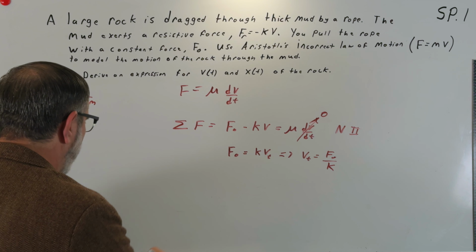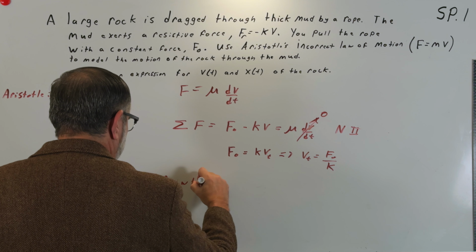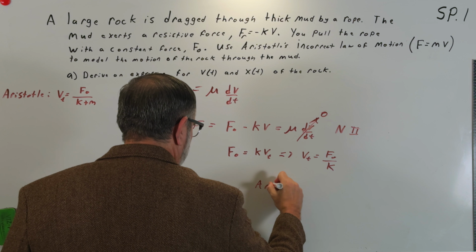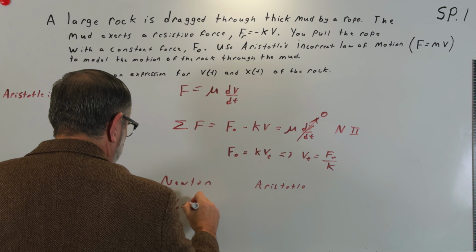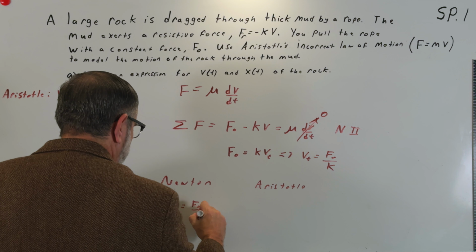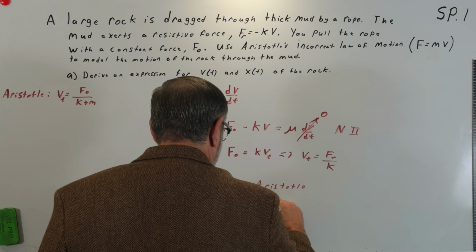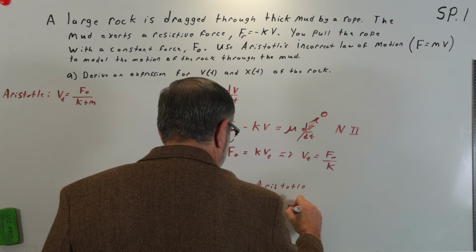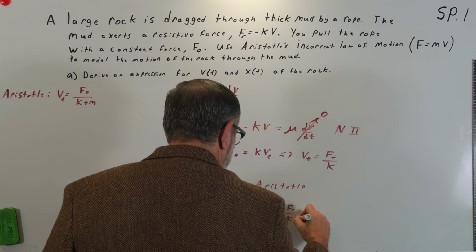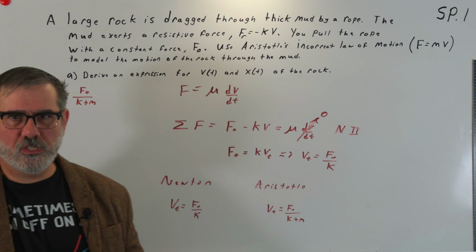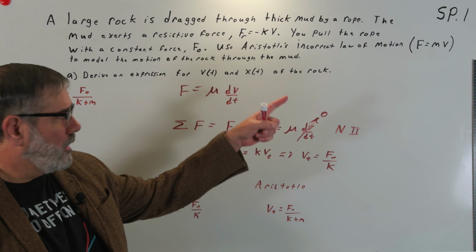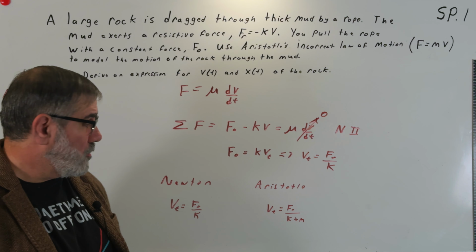And so if we compare Newton and Aristotle, terminal velocity under Newton is F naught over k. Under Aristotle, terminal velocity is F naught over k plus m, where m is this kilograms per second term, this resistive component in his incorrect equation of motion.